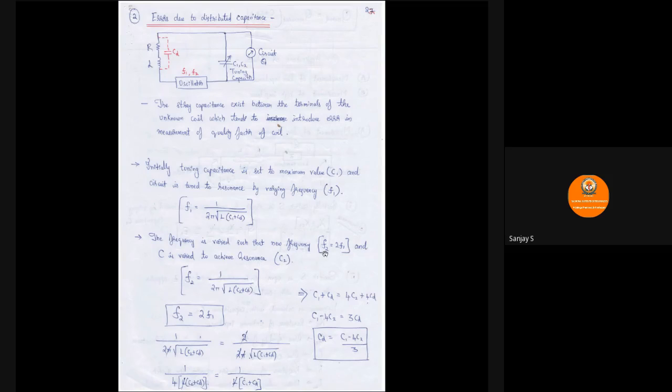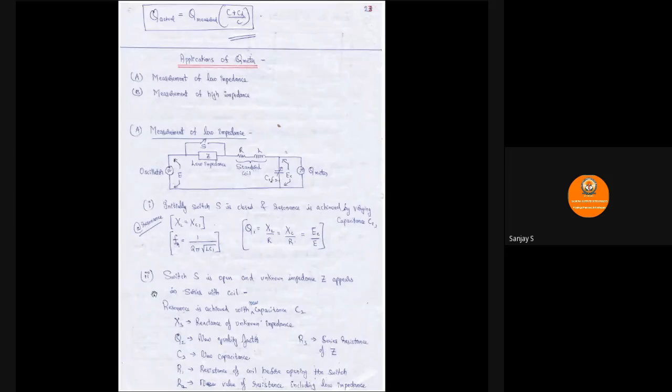Once resonance is achieved, the new value of capacitance that has brought resonance is C2, and the expression is F2 equal to 1 over 2 pi root of L into C2 plus CD. We know that F2 is equal to 2F1, so let us equate the same. This is the expression for F2 and this is the expression for F1 multiplied by 2. If we simplify this, we get CD equal to C1 minus 4C2 divided by 3. So distributed capacitance is given by C1 minus 4C2 divided by 3. This is the error due to distributed capacitance.